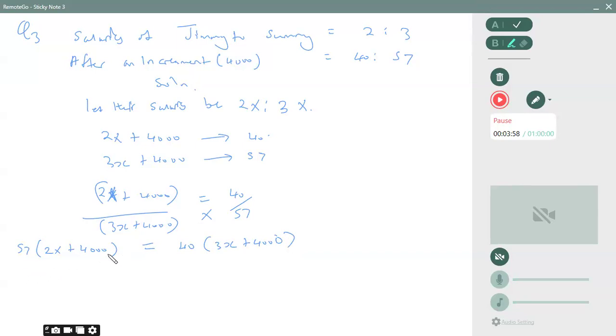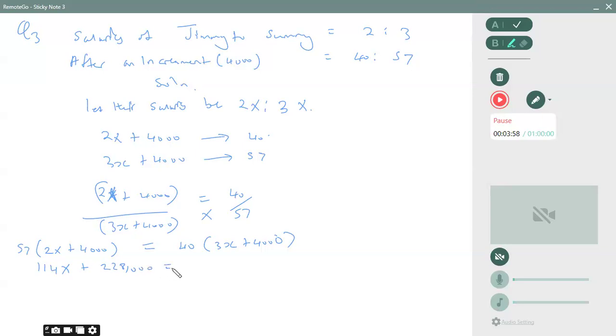When you compute it, 57 times 2 becomes 114x, plus 57 times 4,000 gives you 228,000.